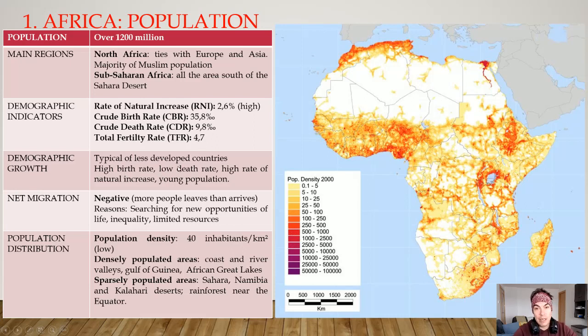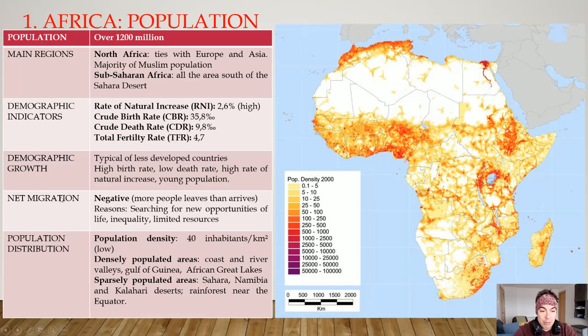So if we have a lot of births and few deaths, the natural increase is going to be very high. That's the reason we have a 2.6%. So we also have a young population, a population that is growing very fast, in which the biggest age group is the younger ones, so it's at the base of the population pyramid.